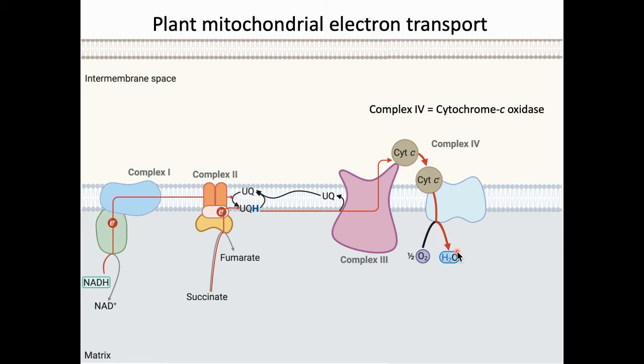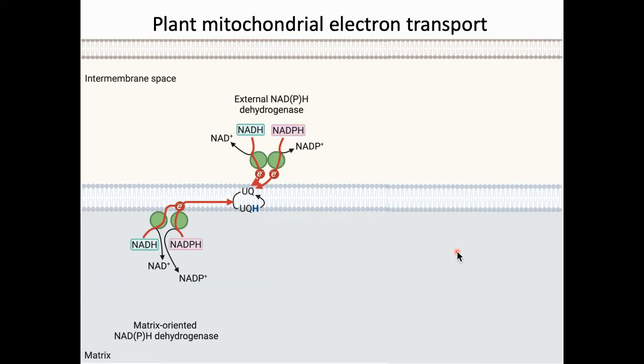So we have an alternative pathway for giving electrons to plastoquinone. We can have NADH or NADPH dehydrogenases from the matrix side or from the intermembrane space that can oxidize NADH or NADPH and transfer those electrons to plastoquinone. The same from the matrix side.